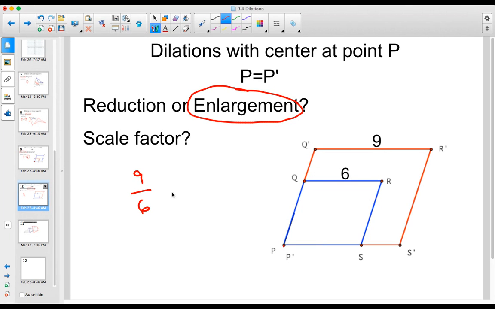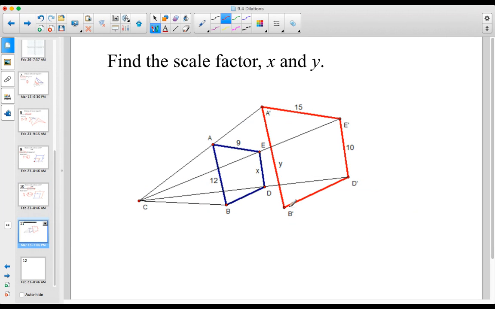This is going to be bigger than 1, and we can write it as a decimal or a fraction. If I leave it as a fraction, this is 3 over 2. If I write it as a decimal, it'd be 1.5. Either one of these would be correct. Again, feel free to pause these if I'm going too fast.